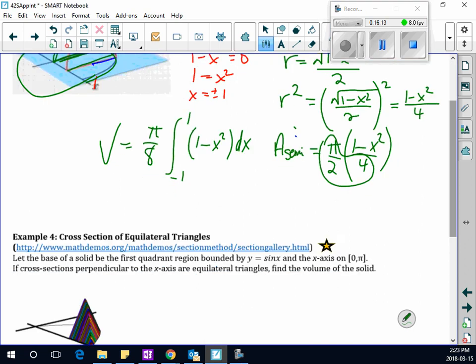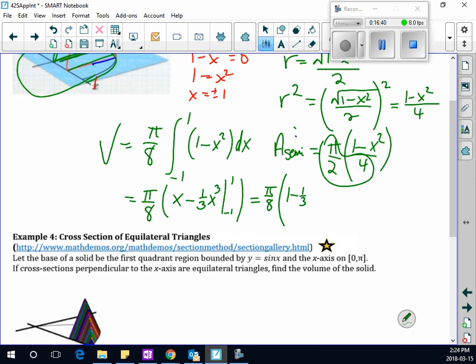Okay, everything's good. So anyways, let's keep going. Pi over 8, and this is x minus 1/3 x cubed from -1 to 1. We can do this one to make sure. So this is pi over 8 times 1 minus 1/3, subtract -1 plus 1/3.